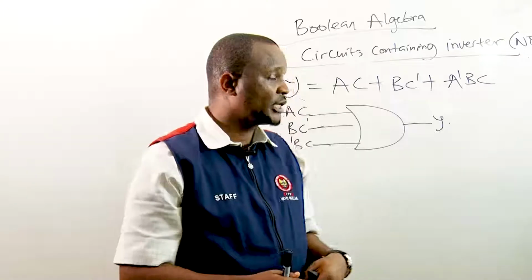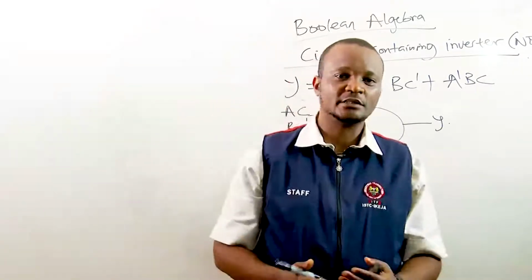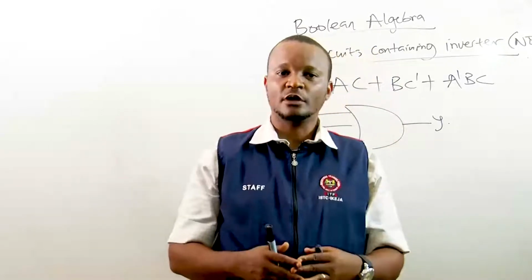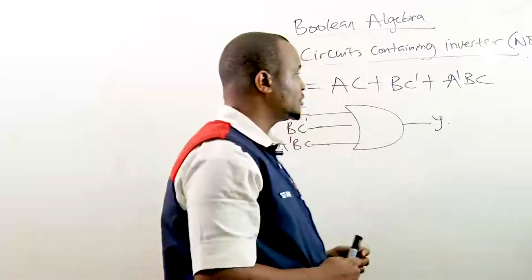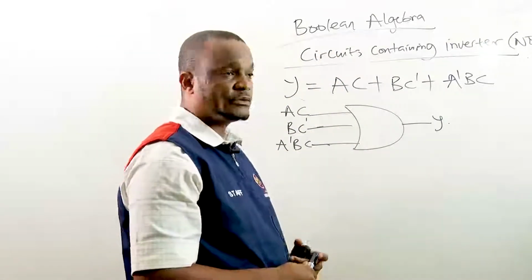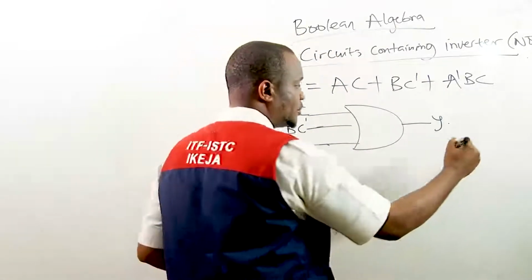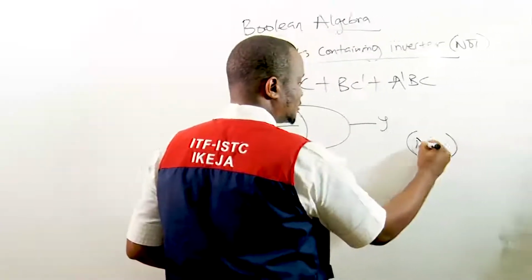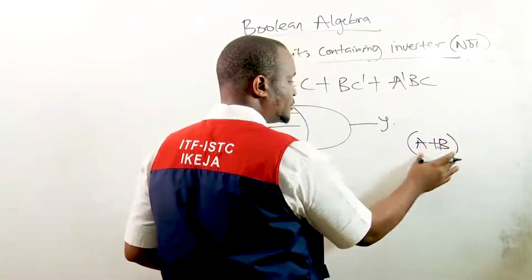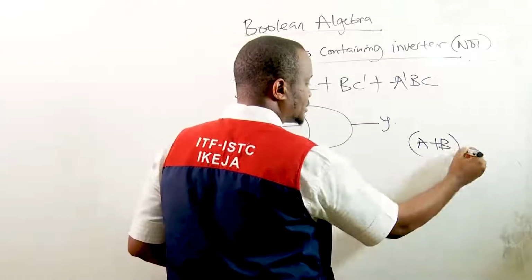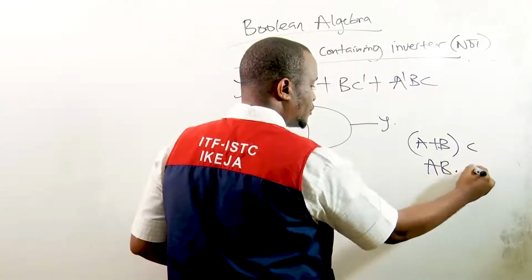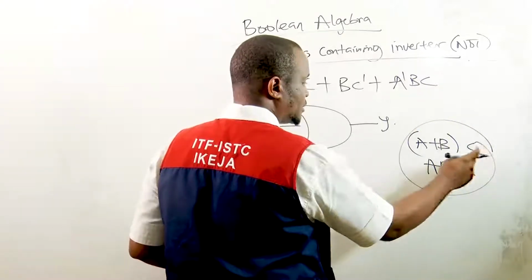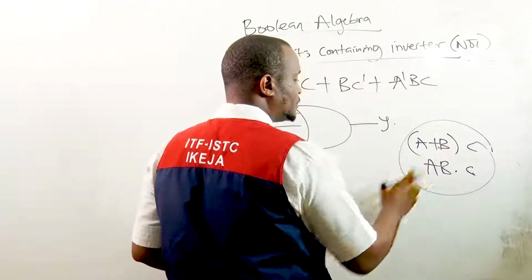Now, if an expression has a bar over it, you perform the operation of the expression first, then you can now apply it to the results. So in other words, once you have parentheses, for example, you should perform this parenthesis. If you have an AND, the AND should be performed before going out to the results. So these are some of the rules.